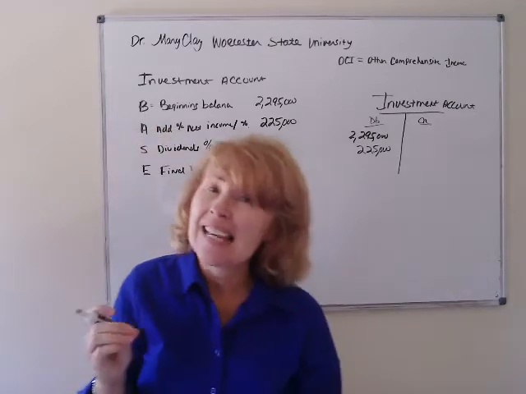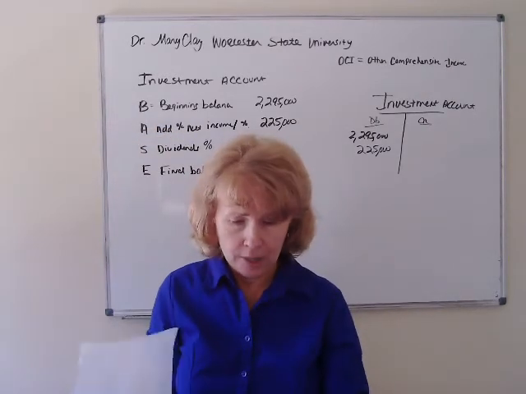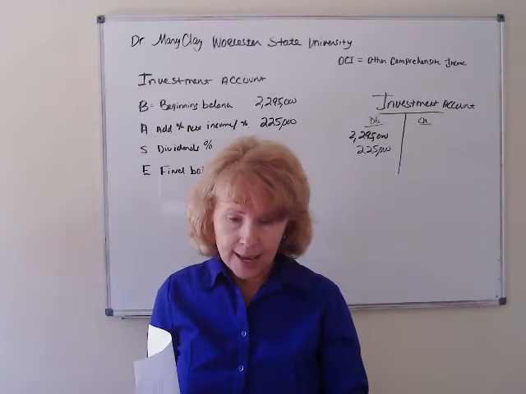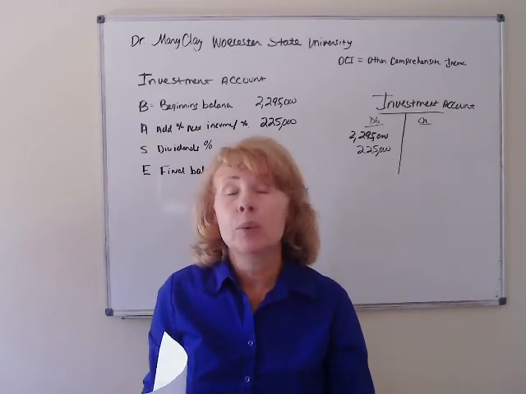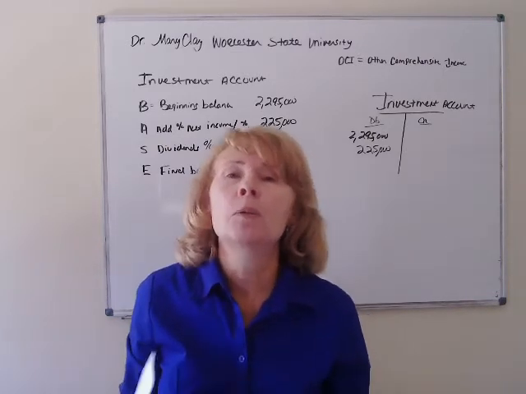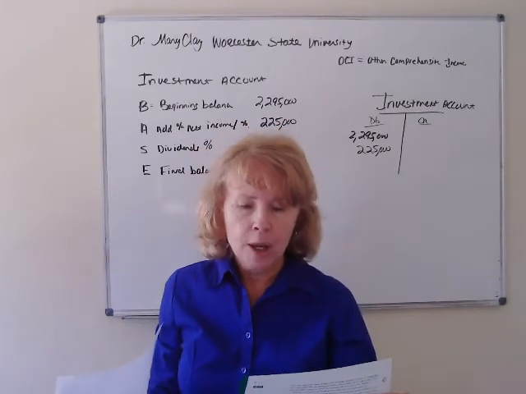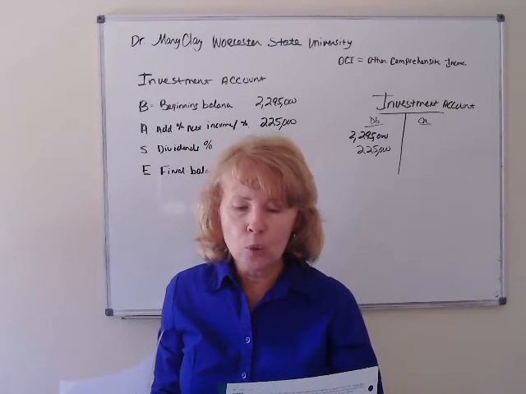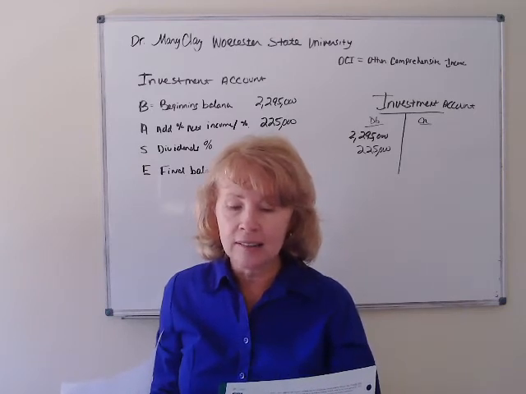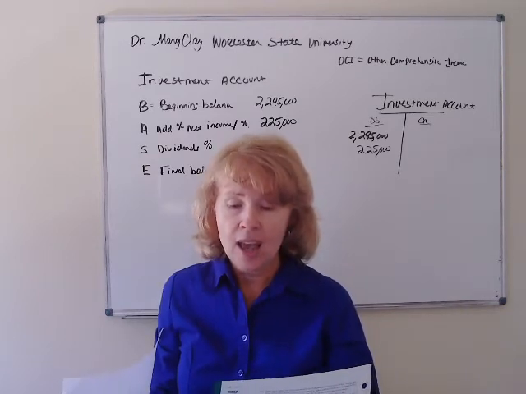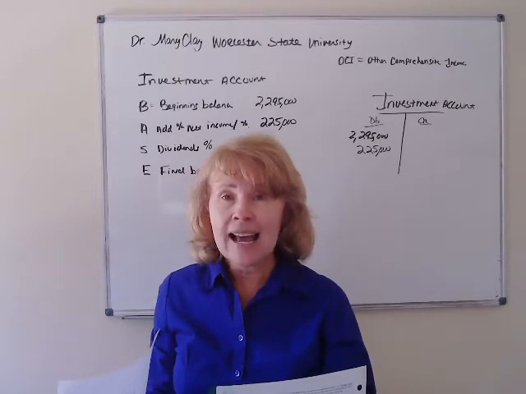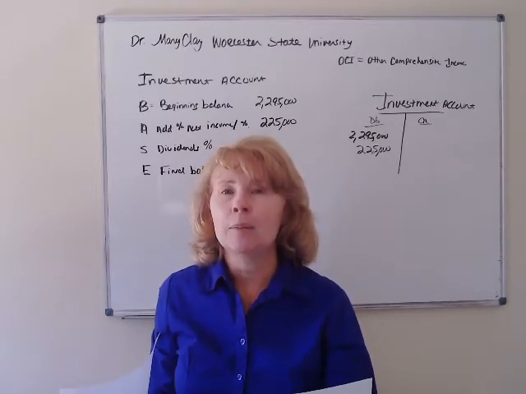Okay, this is tricky. All right, so here's what it says. Normally you would take the dividends and multiply it by the percentage, but they didn't give you the total dividend. They told you what Fallon declared, $1 per share. You're going to go back to the 90,000 and multiply it by $1.